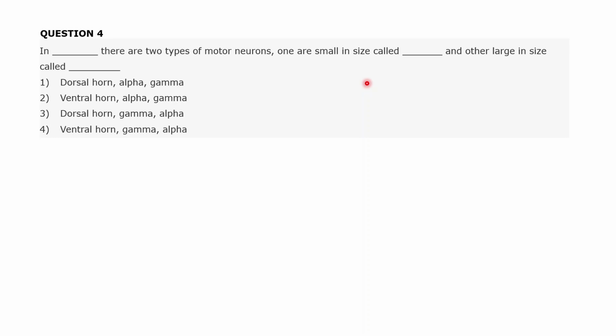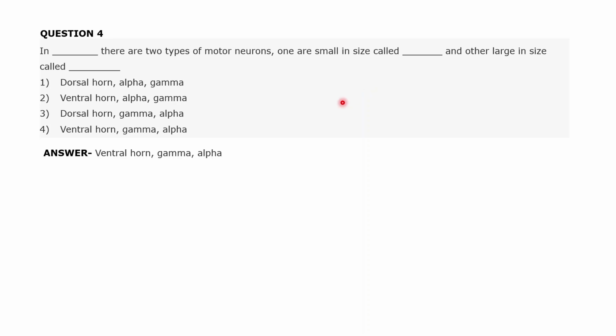Okay, I am getting option number 4. Any other option? Okay, so basically you are right.